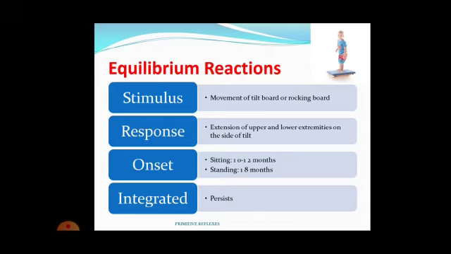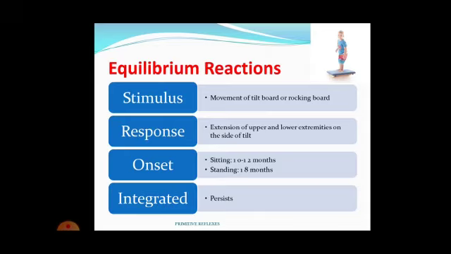Clear? We might have observed that a few babies before the age of 2 years, or sometimes even younger, fall even with minor stimuli or minor perturbation. Clear? But once the child crosses 3 years of age, the child will not fall as frequently as previously. Clear? So the child has developed equilibrium reaction.